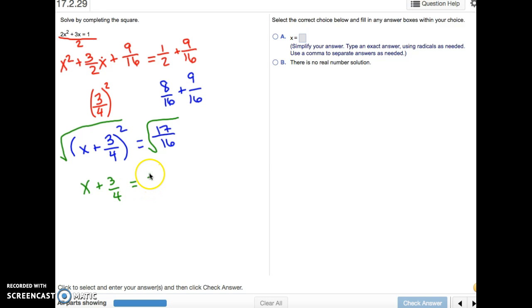And over here I get positive and negative. Now, when I am square rooting a fraction, I take the square root of the top, which 17 is a prime number, but 16 is a perfect square, 4. So now I need to move this 3/4 to the other side.